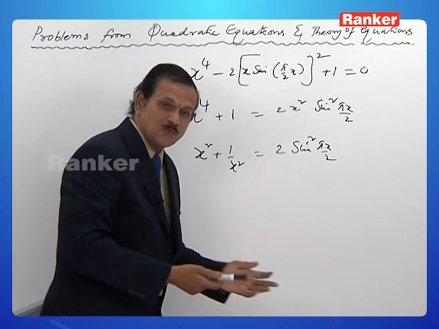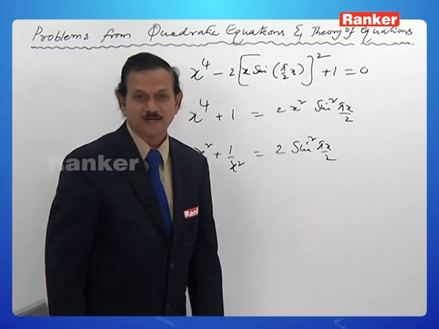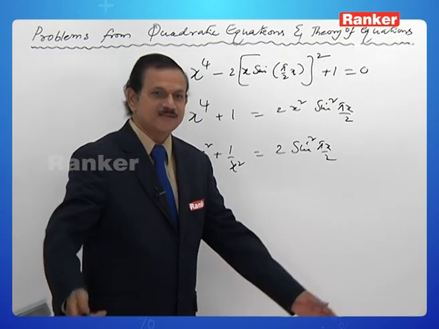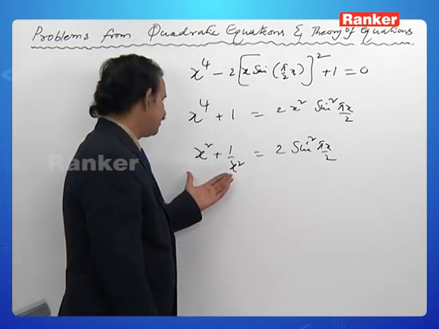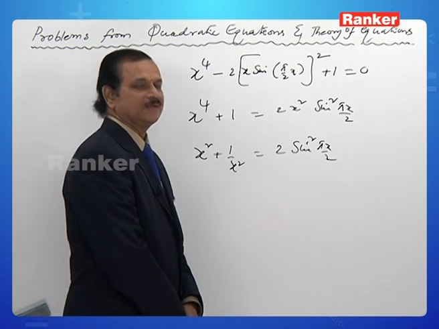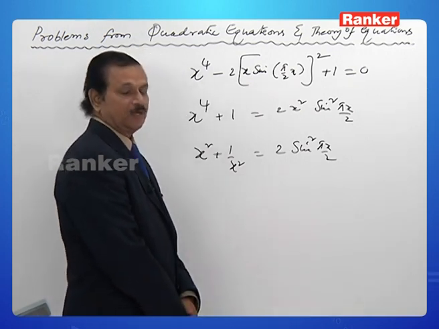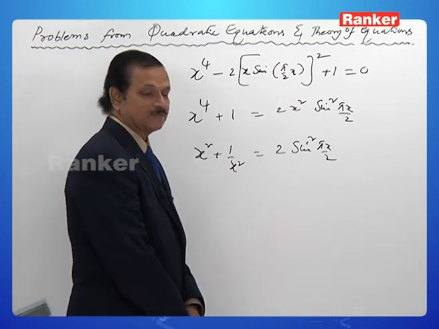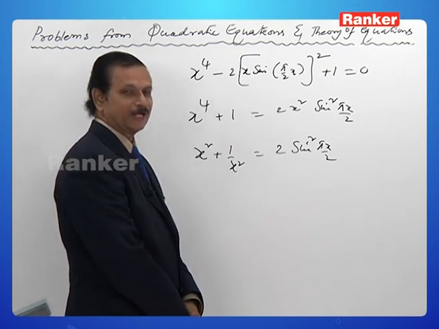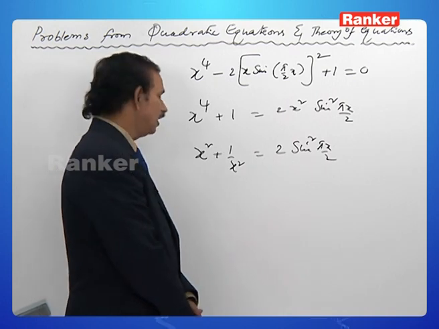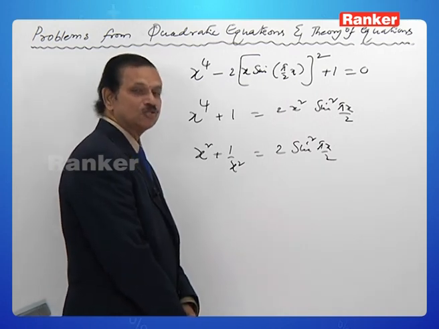This is a peculiar equation exhibiting a special character. What is that character? Observe LHS, x square plus 1 by x square. x plus 1 by x, y plus 1 by y, k plus 1 by k. All such things have the minimum value 2.